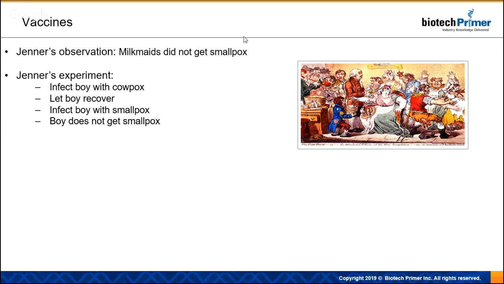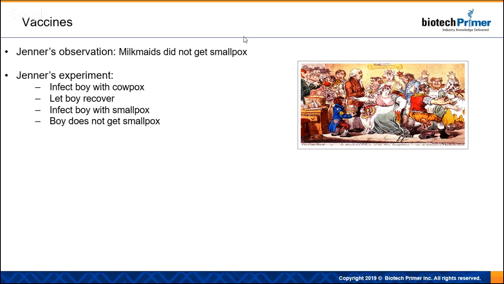So vaccines were discovered in the 1700s by a British scientist called Edward Jenner. So Jenner had this very important observation that milkmaids did not get smallpox at a time when smallpox was devastating most of the population.